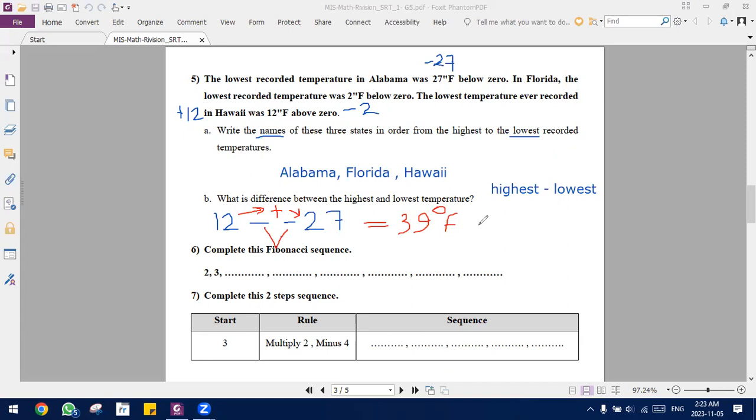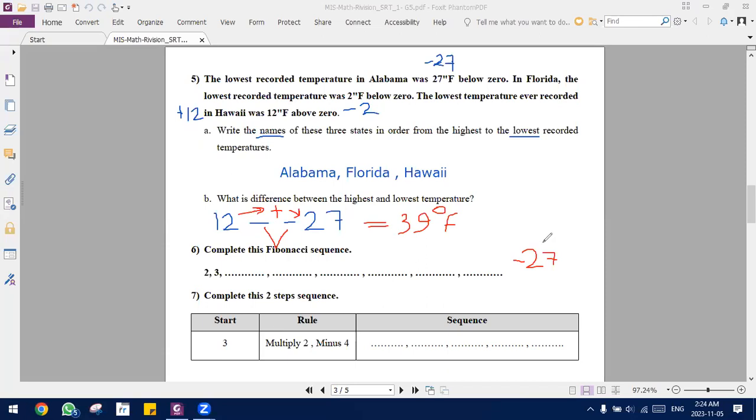Or some of you might not use the formula. You might solve it logically or mentally. So what's the lowest value? The lowest value is minus 27, okay? Imagine yourself in the elevator. This is minus 27 floor. You are in minus 27 floor. So first, in order to reach 12, you need to reach 0, right?